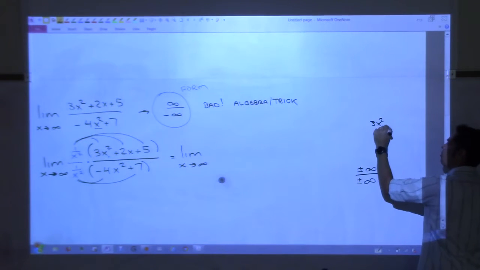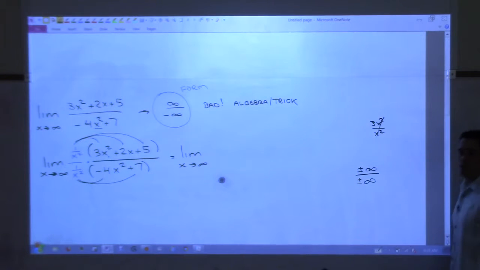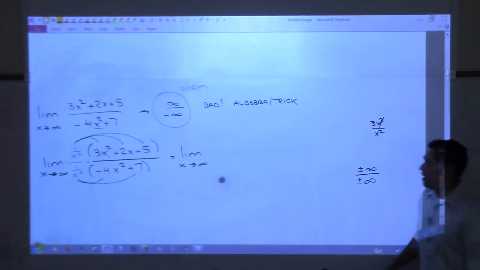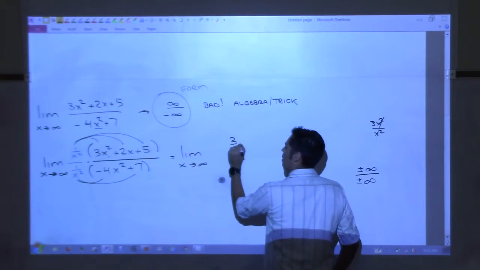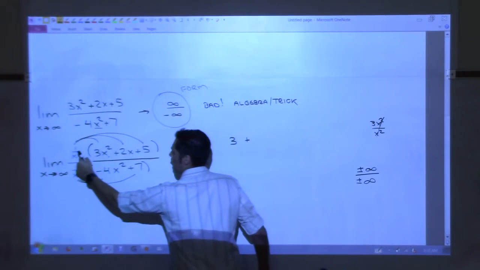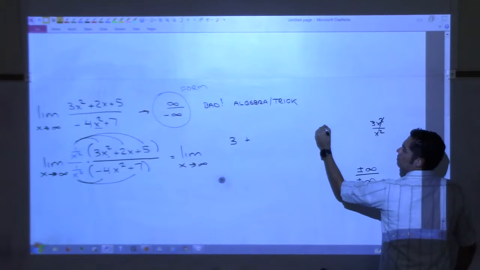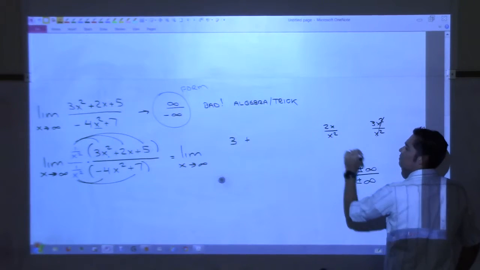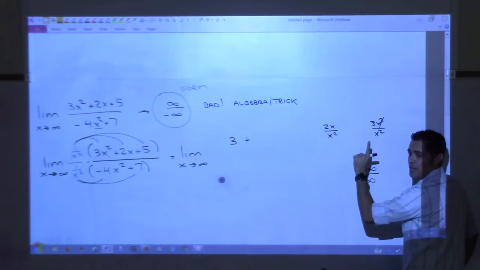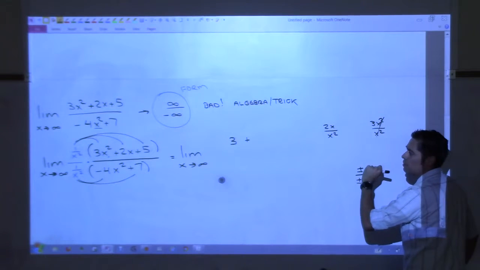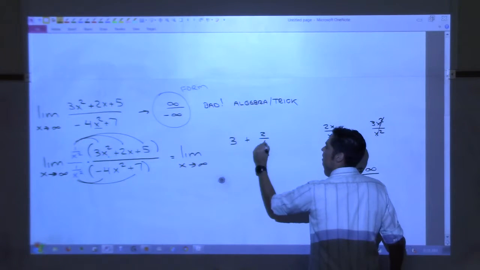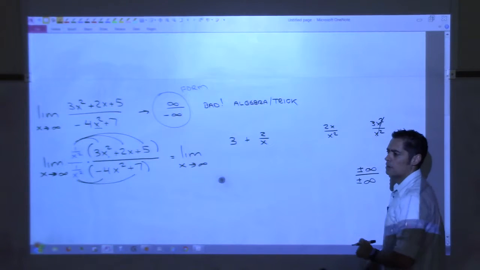And the x's cancel, and all you're left with is the 3, right? So I have 3 up top here, plus, now what happens when I multiply 1 over x squared times 2x? 2x over x squared. And then one of the x's cancels, and what would you be left with? 2 over x. You get the idea here? Yes, no?